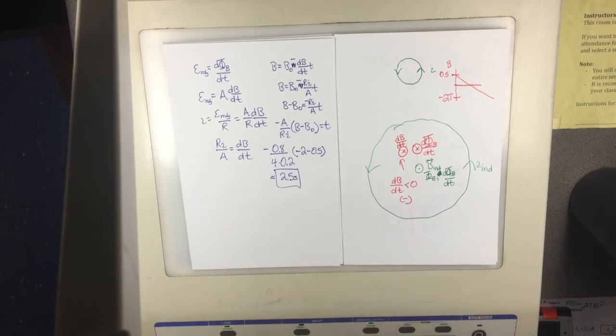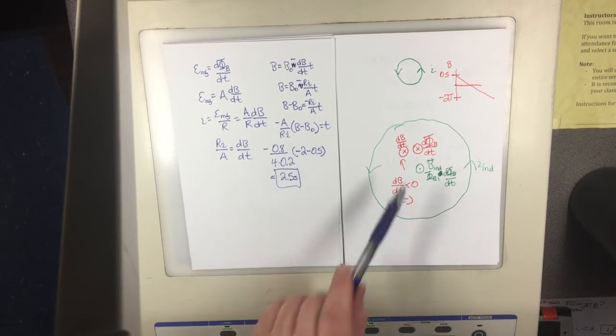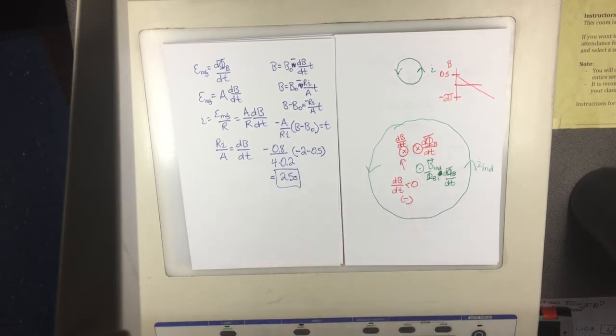To get the induced flux out of the page, the external change in magnetic flux must be in. For the external magnetic flux to be in, and A does not change, that means the dB dt is into the page, which means that that value of dB dt must be negative.